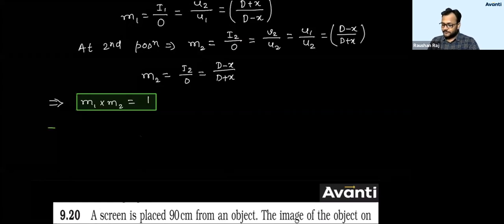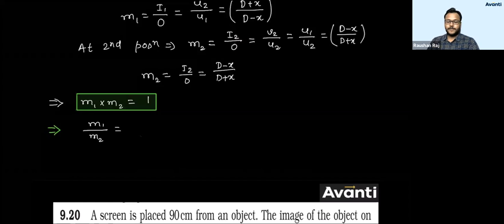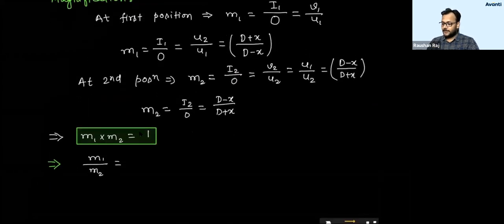अच्छा, if I ask you to get the value for M1 divided by M2, what will be the answer? Answer क्या मिलेगा चलो? तो D plus X. Let me copy this. देखो जादू दिखेगा आपको. यहाँ मैंने copy किया. No, it won't be 1. इसका square.